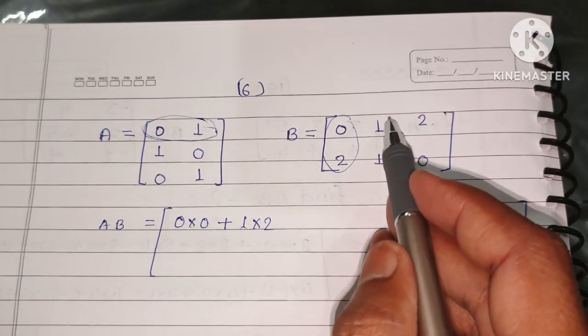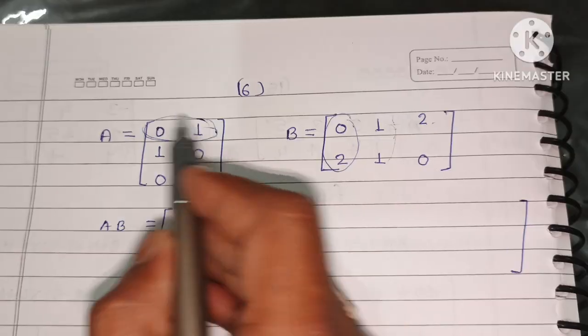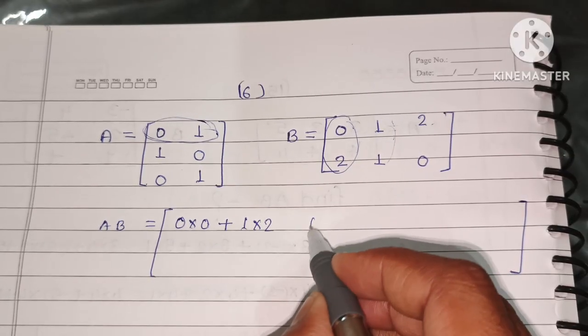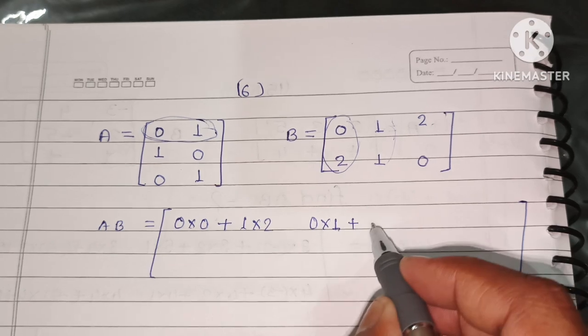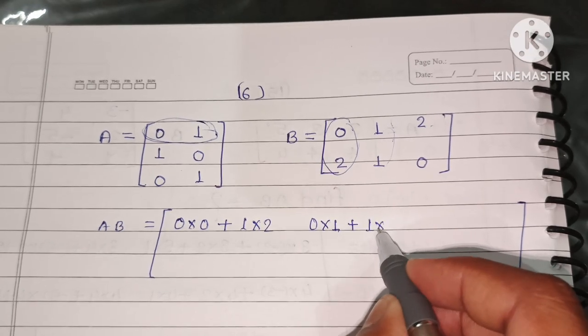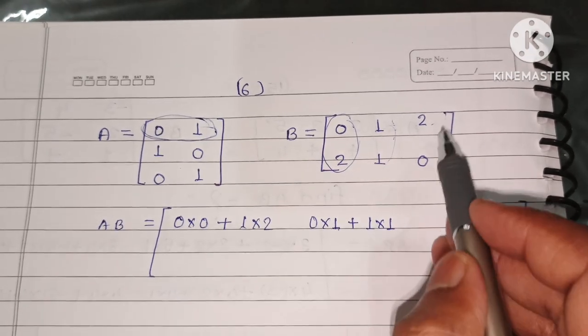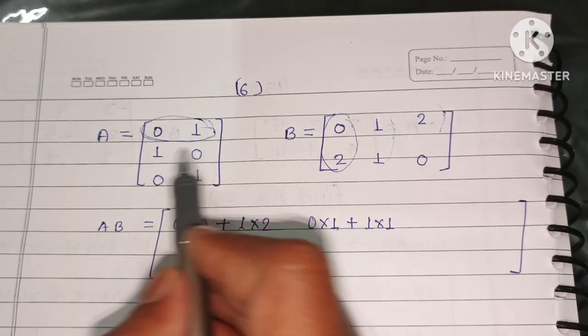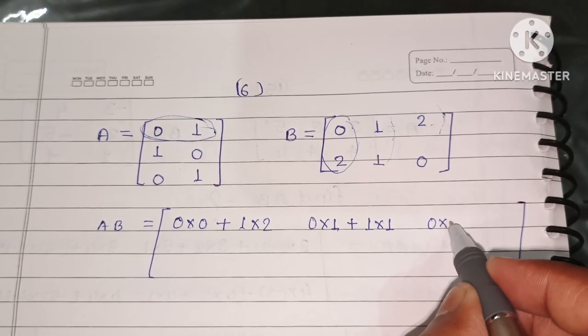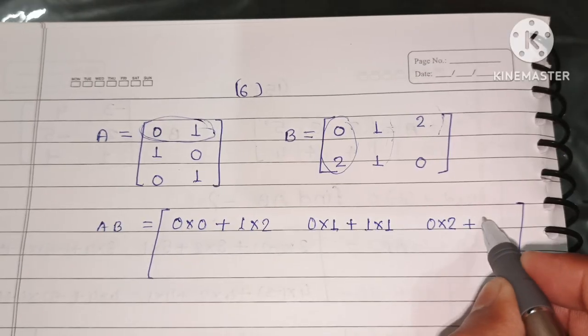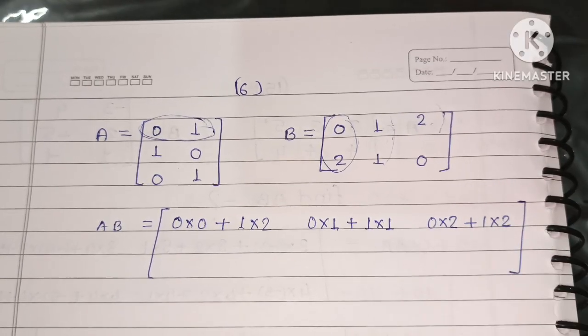Once again, this column will multiply by this, so that is 0 into 1 plus 1 into 1. Now this column will multiply to this row, that is 0 into 2 and 1 into 2.